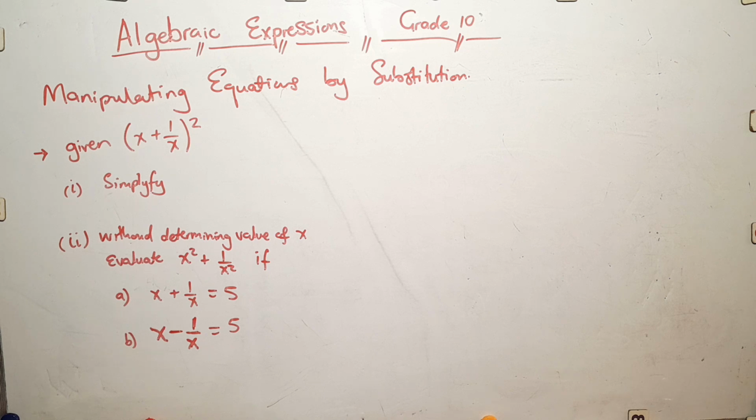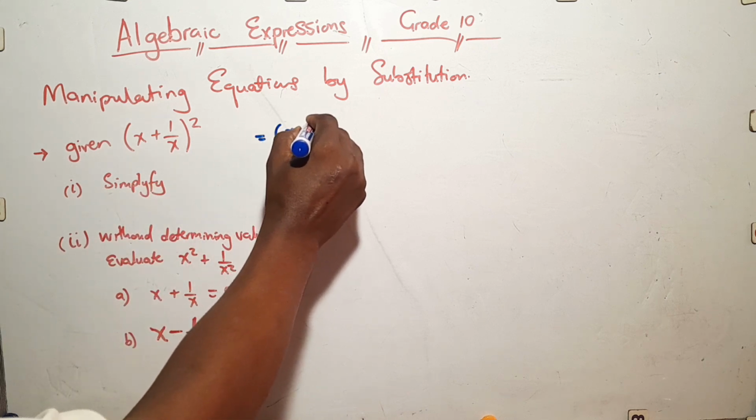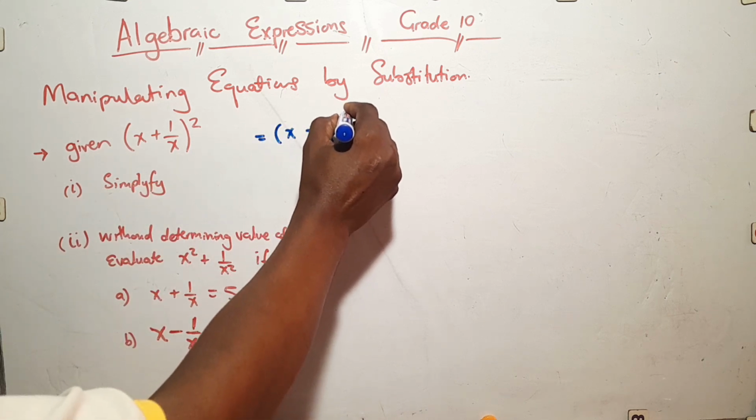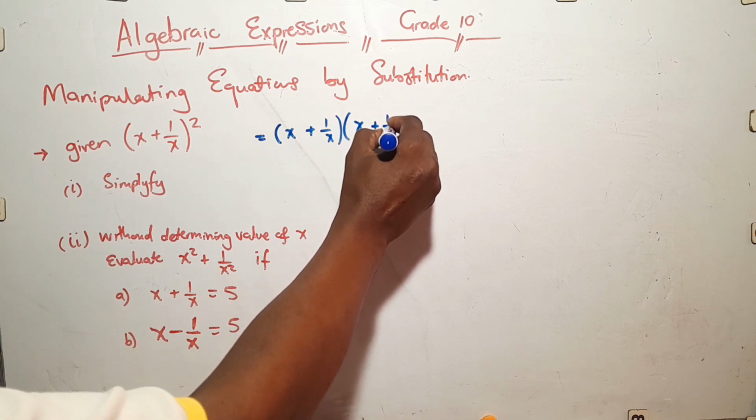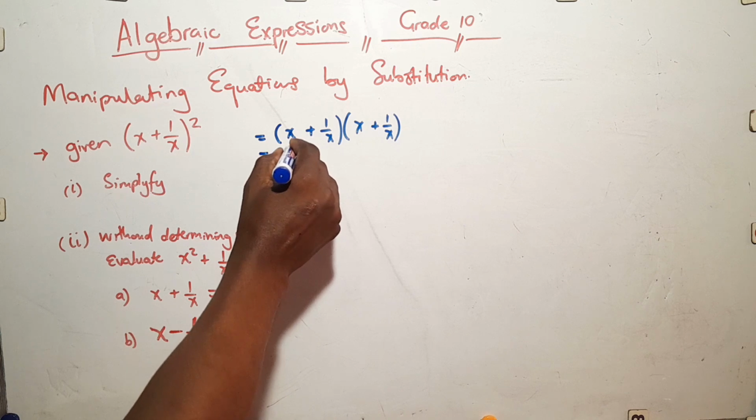So let's take a look at this last section of ours. We are given in brackets x plus 1 over x squared. So the first question was simplify. So to simplify, it means that this will be equivalent to x plus 1 over x and x plus 1 over x, two brackets, right? So x multiplied by x, that's x squared.